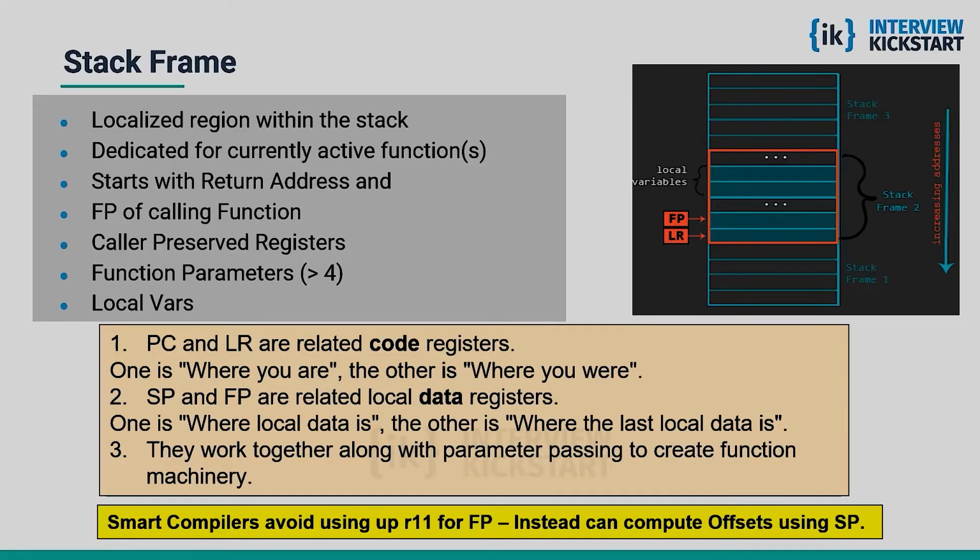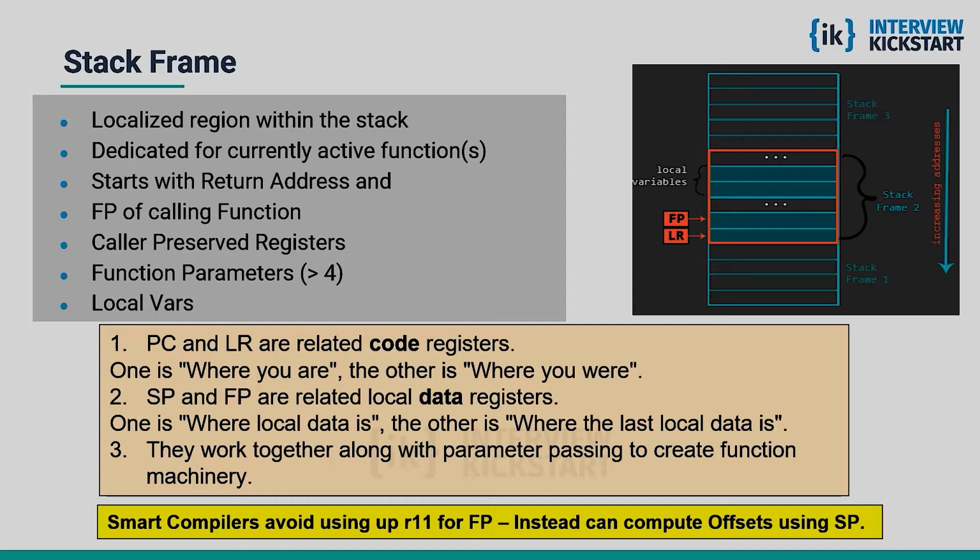Now we will look at the concept of a stack frame. A frame is a set of contiguous locations in the stack, which are either actually filled with data or allocated for use, as we will see in some cases, and they are associated with a particular function, a function that is active.